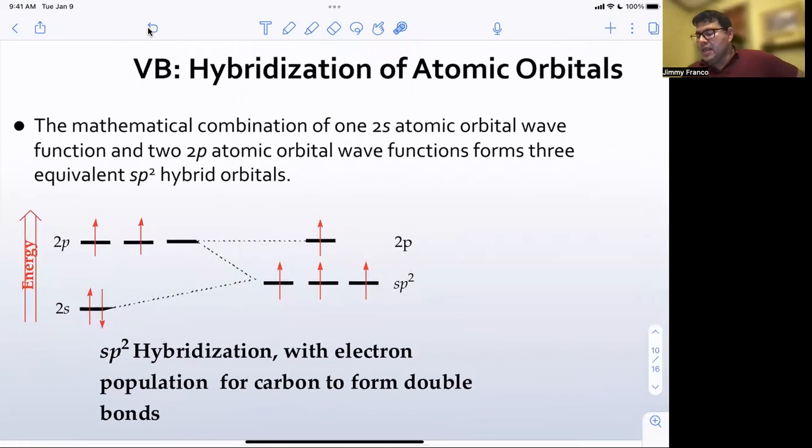Now, sometimes when we have a double bond, we can only make double bonds from p orbitals. So one of the tricks is we can only make double bonds from p orbitals.